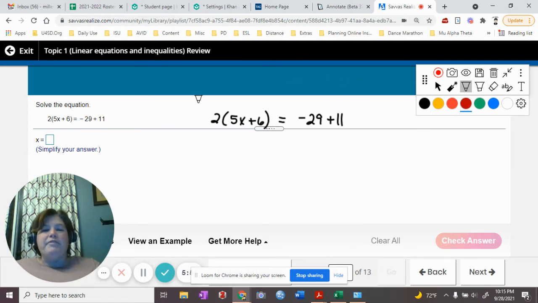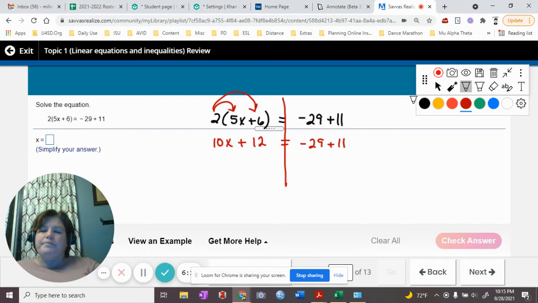We can simplify in this equation by distributing the 2 that is in front of my parentheses. So I get 2 times 5x, which is 10x, plus 2 times 6, which is 12. And then we have negative 29 plus 11.